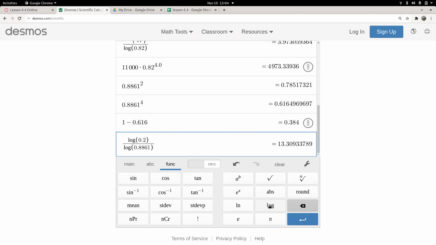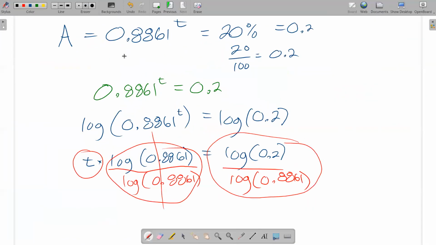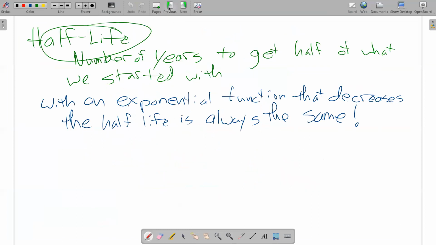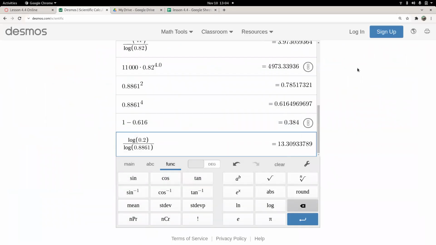What is t? Let's see, I wrote that down somewhere. There's my notes. T is thousands of years. So that's not just 13, it's 13,000 years would be my answer. I think if there's 20% carbon-14 left, this thing must be over 13,000 years old. How much older? Well, around 13,300 years. I'm not sure about the 9 years there, maybe.